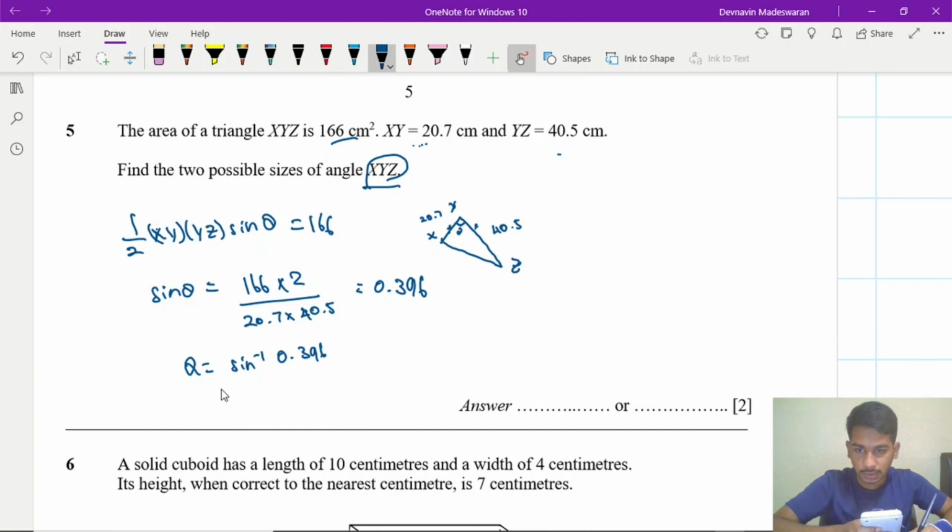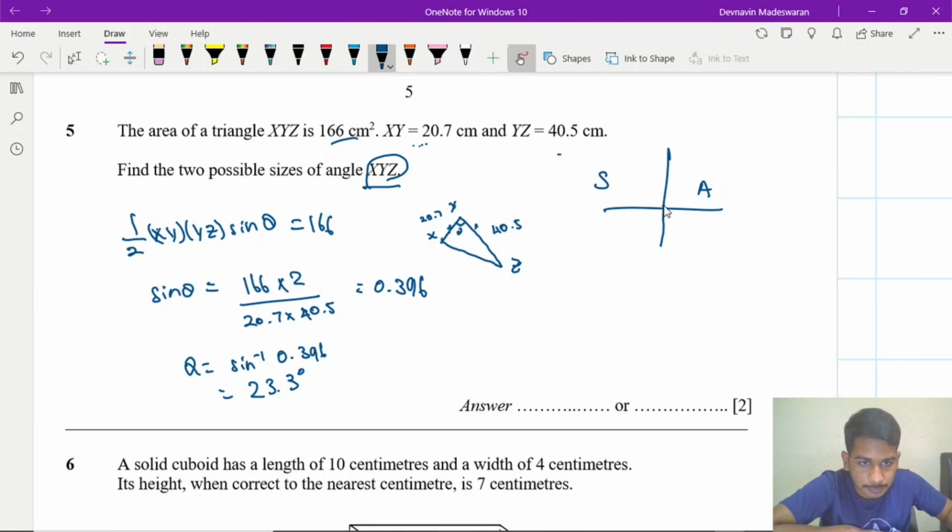So it's 23.3 degrees. Okay, but I think there can be another answer too, because if you have learned the quadrants thing, everything is positive and sine is positive here. So 180 minus that angle, whatever the angle is, will give you the required angle. So 180 degrees minus 23.3 degrees will give you the other angle.